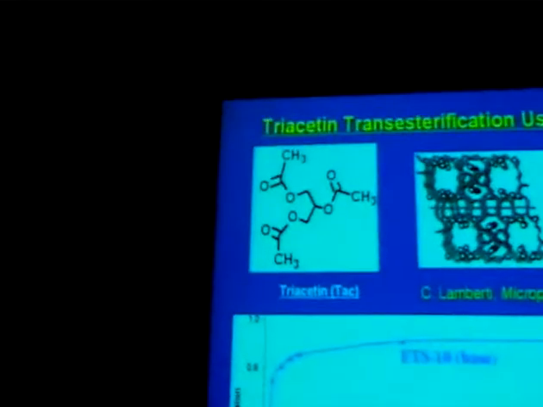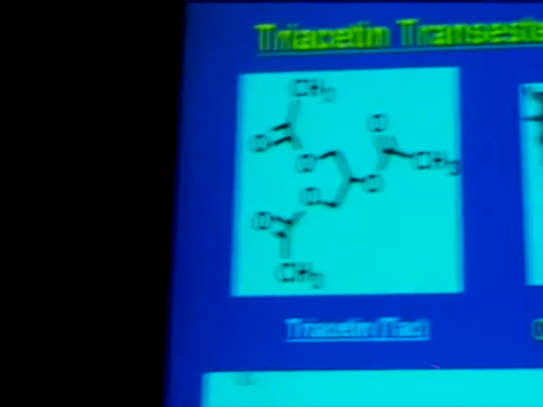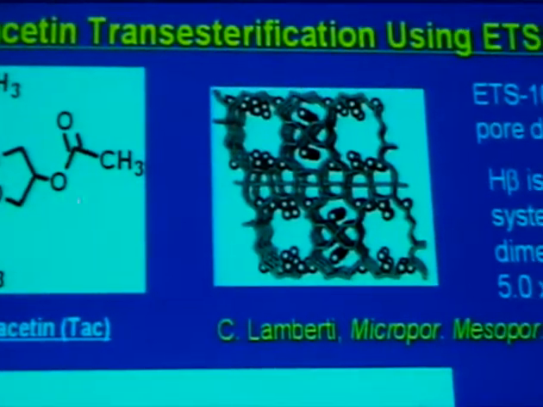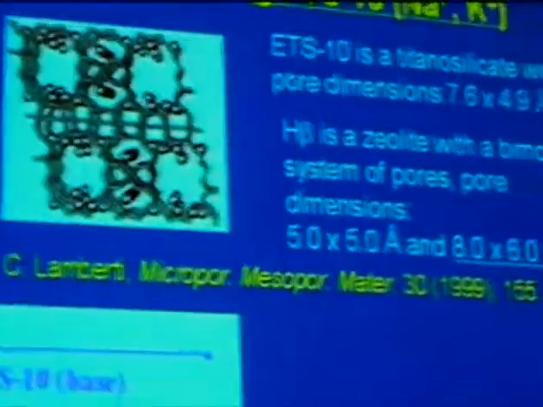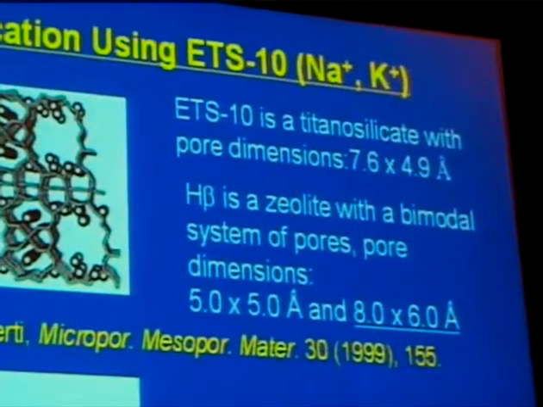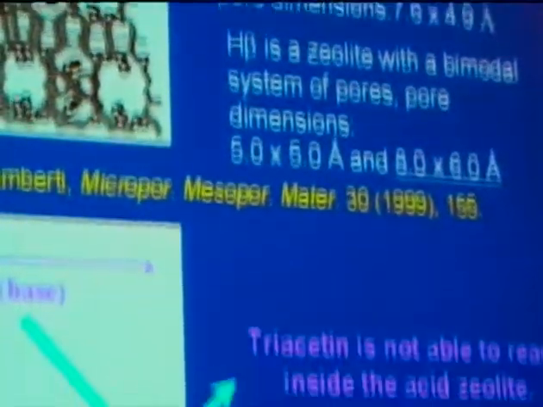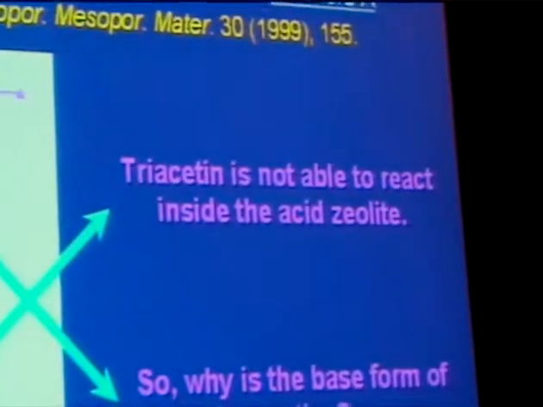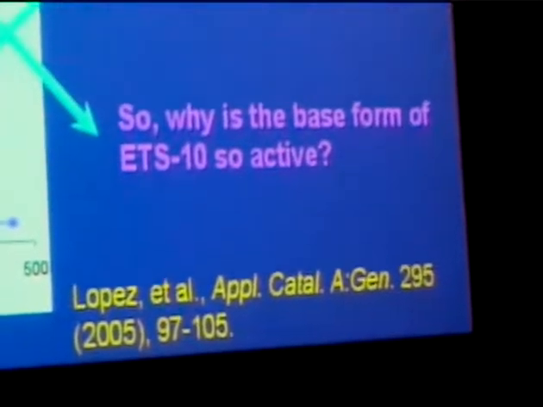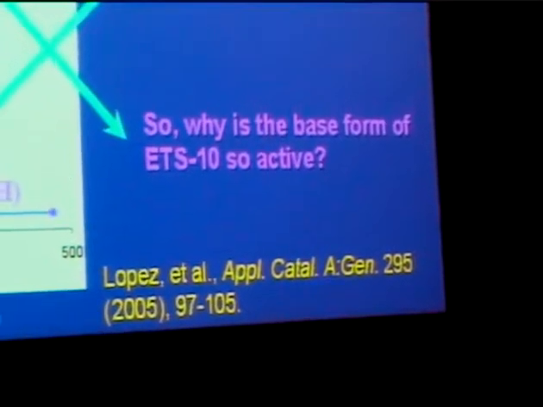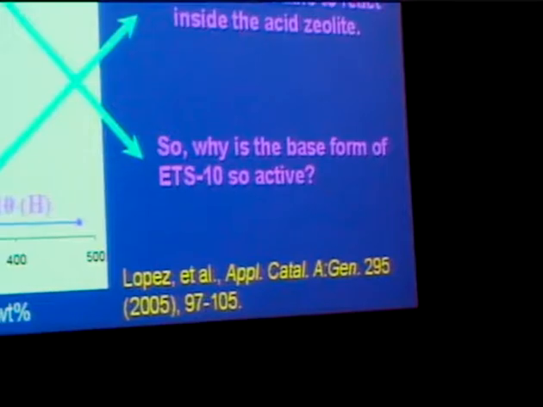And let me explain that with an example. A couple of years ago, we did this little study using the transesterification of a model compound for triglycerides, triacetin, that has the same functionality as a triglyceride. So we wanted to see only if the catalyst was able to carry out transesterification of this molecule, and probably it will be able to carry out transesterification of larger molecules. So we used this model compound to make a first tryout.